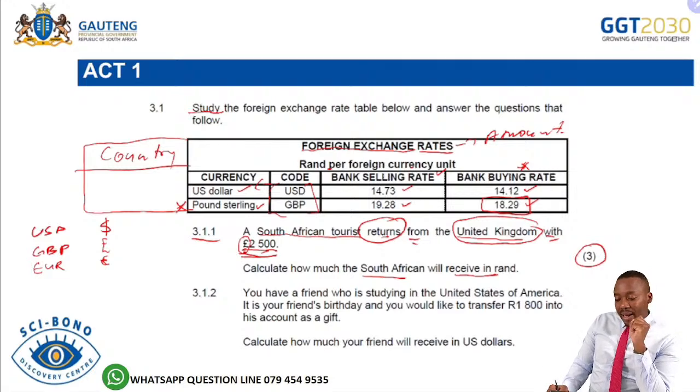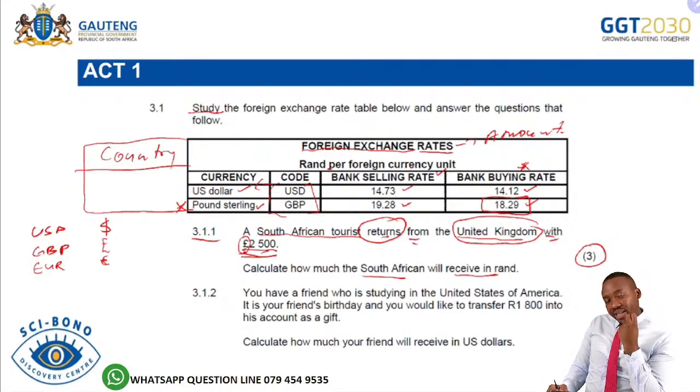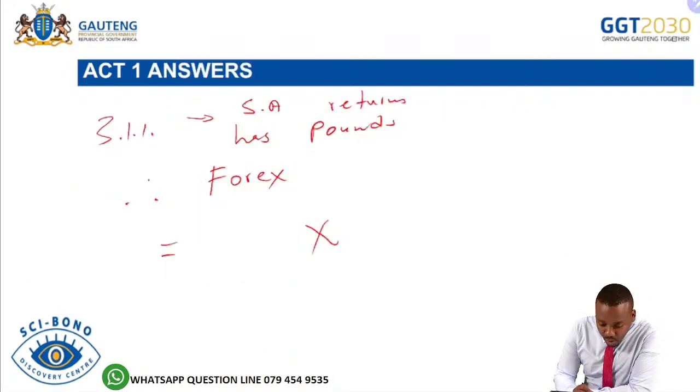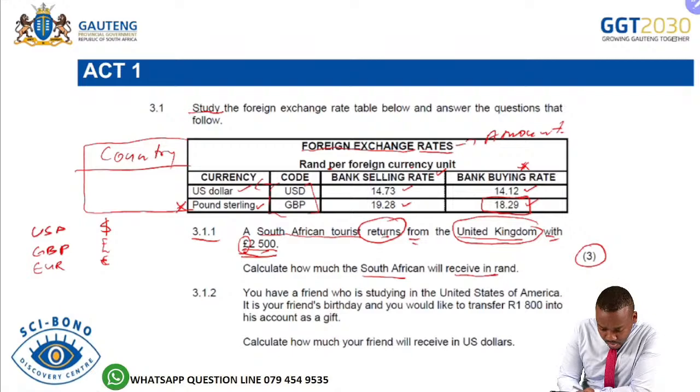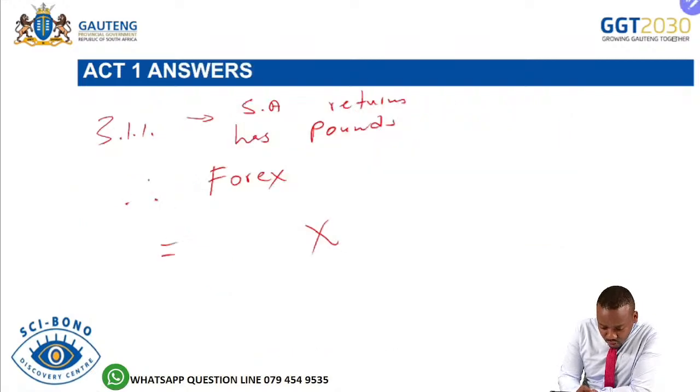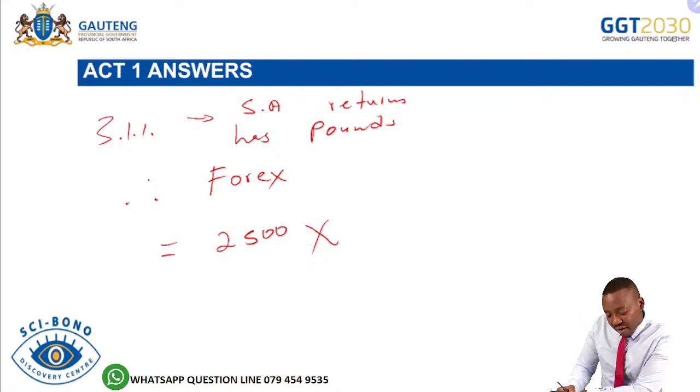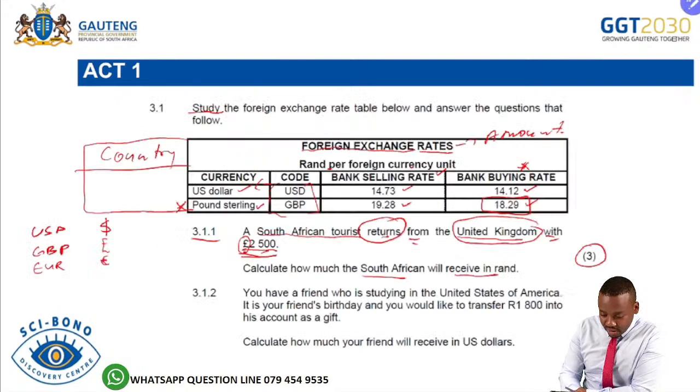Because now the bank is buying foreign currency from this tourist, selling him the local currency. So it's 2,500 times our exchange rate, which is 18,29. Because now the tourist is buying the local currency from the bank.